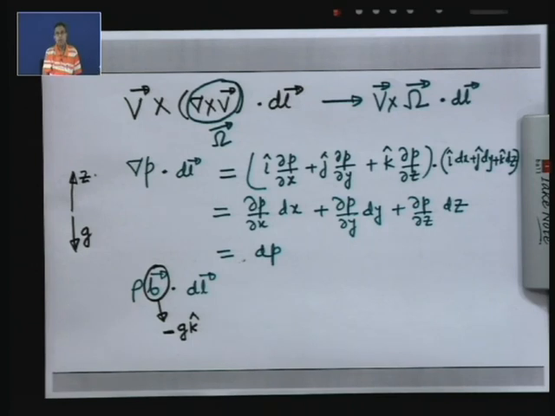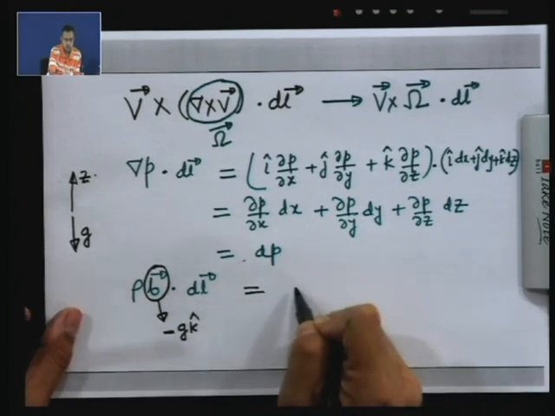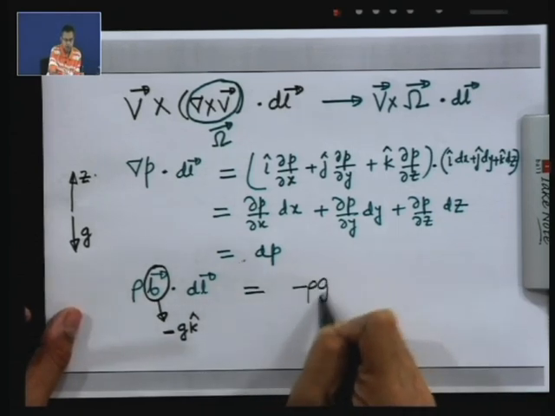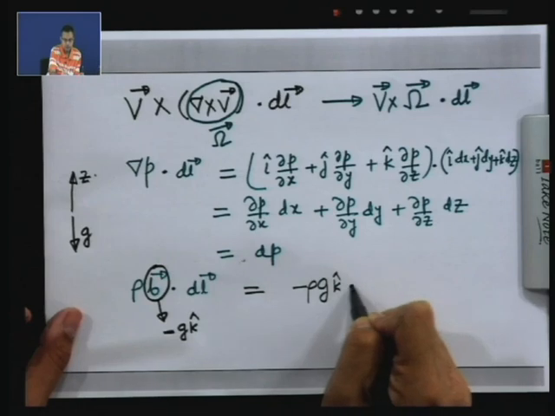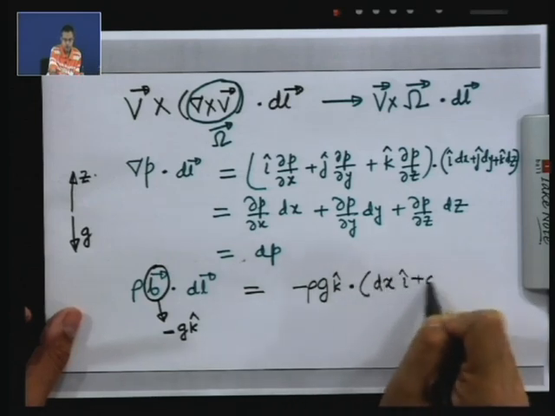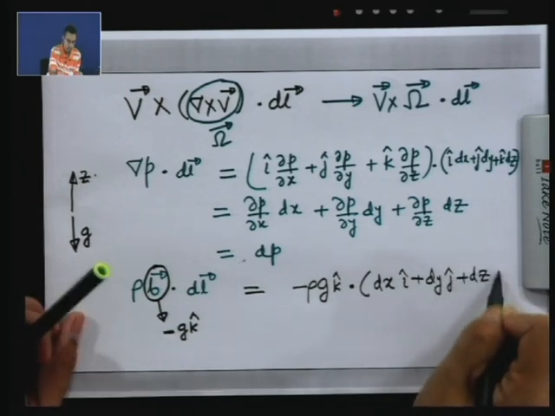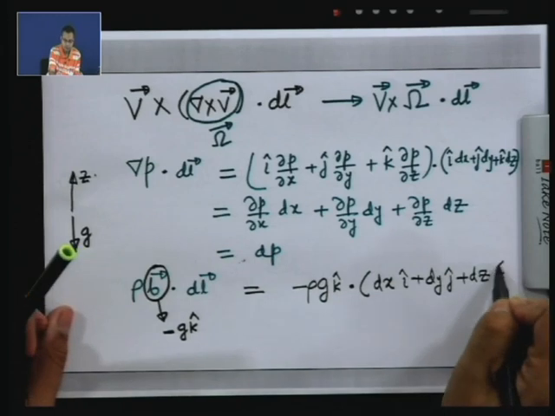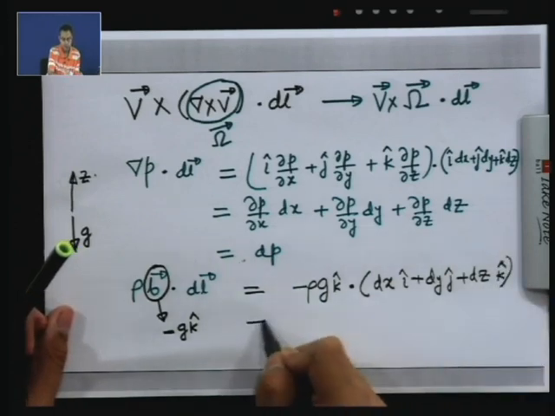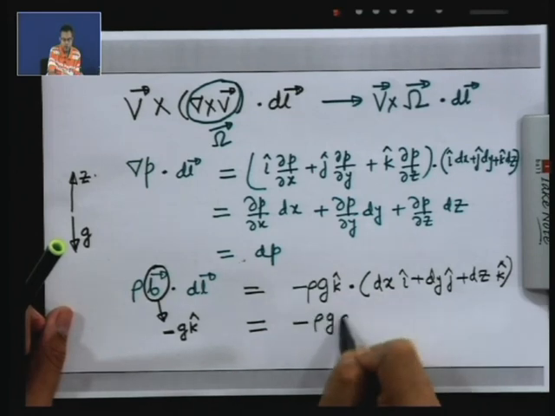So, this becomes minus rho g k dot dx i plus dy j plus dz k. So, minus rho g dz.